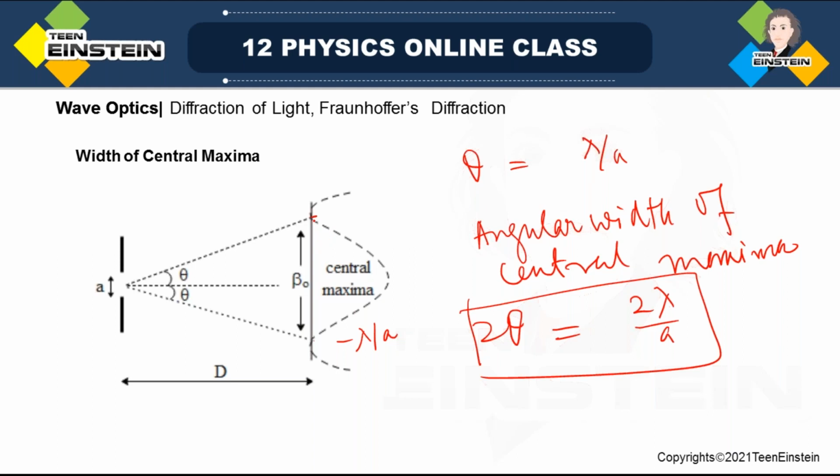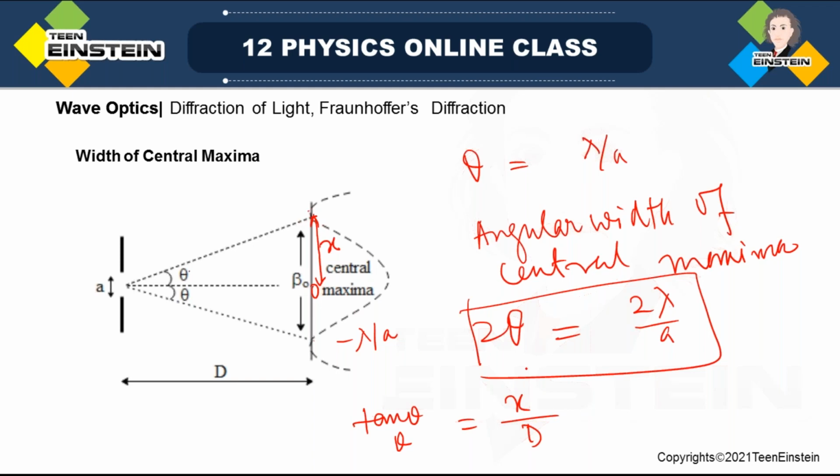Now if you want the position of the first minima, you have to find x, measured from 0. Looking at the figure, tan theta is equal to perpendicular by d, and tan theta can be written as theta.